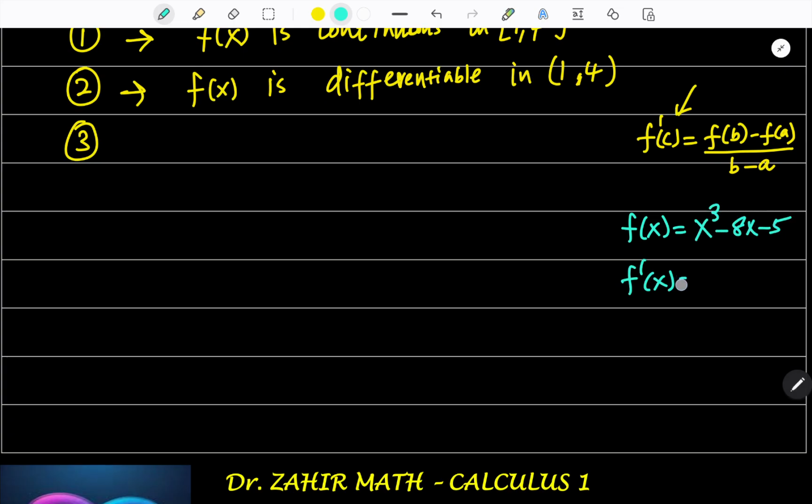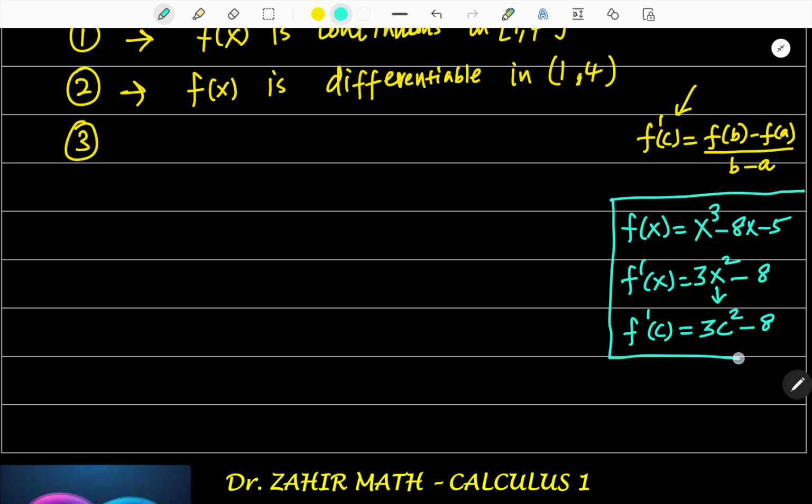What is your f dash of x? Derivative. x cube derivative is 3x square. 8x derivative is minus 8. So now we want f dash of c. Replace x by c: 3c square minus 8. So these things you need to do on the side. I told you in the class. Right. So let's go to the formula.